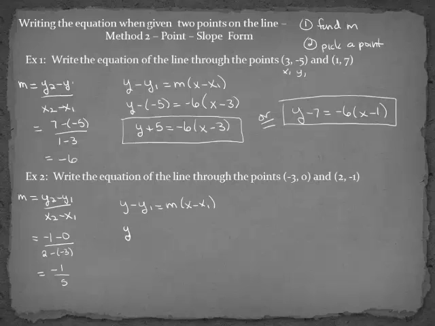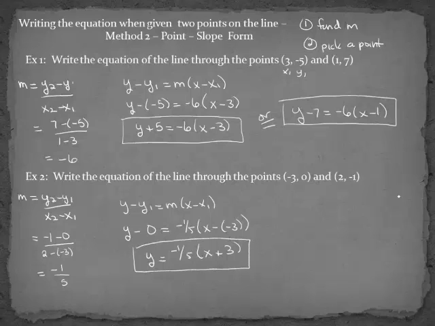And so I get y minus 0 is equal to negative 1/5 times x minus negative 3. So y is equal to negative 1/5 x plus 3. And we can leave it right in that format. And that is how we find the equation of the lines.